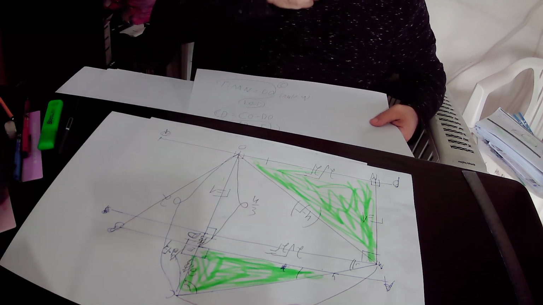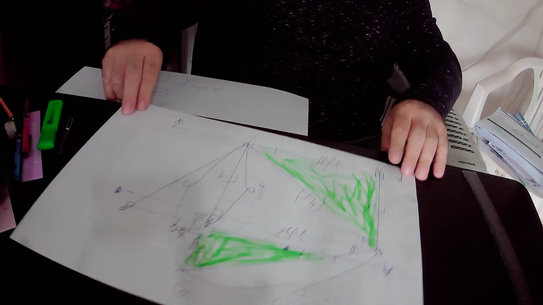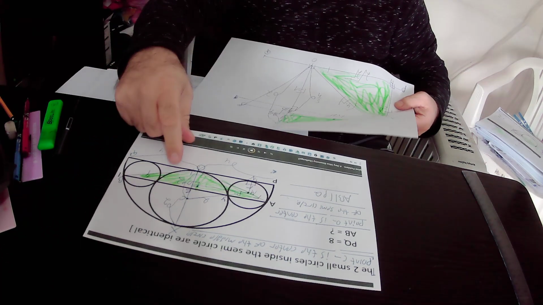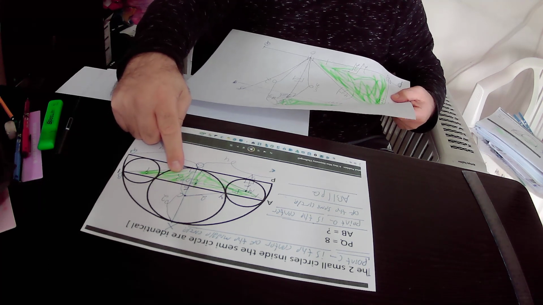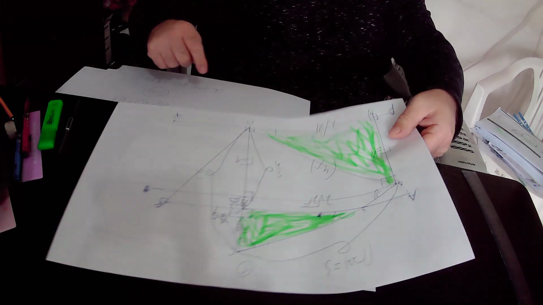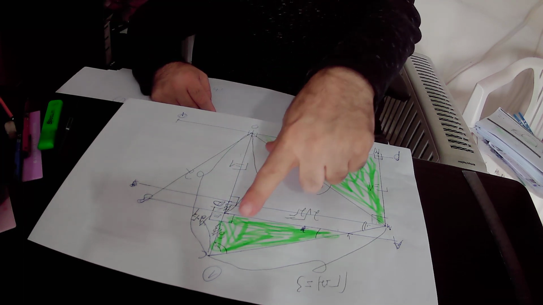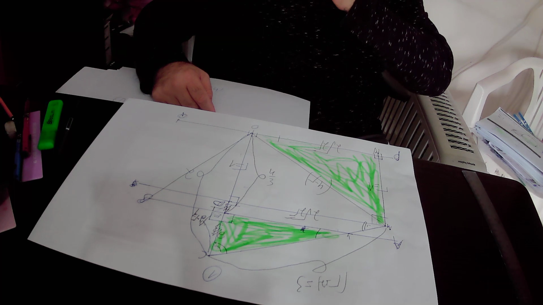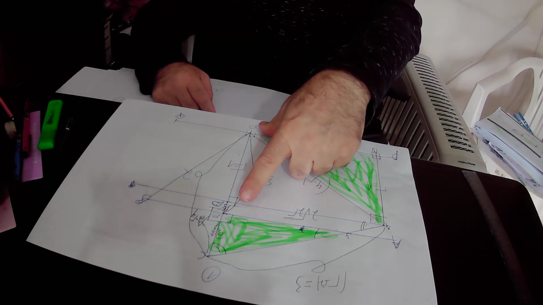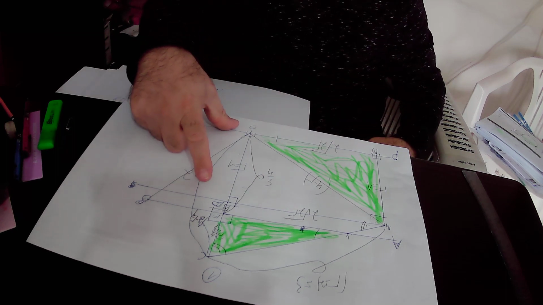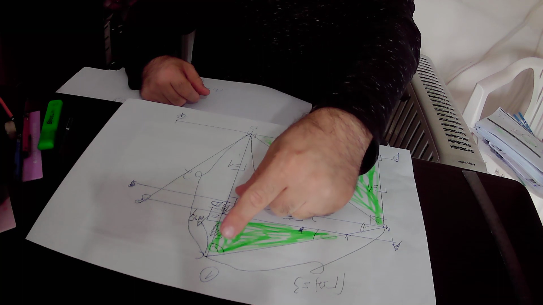CO is the radius of the middle circle, therefore it equals 2 units. CO, as you can see, equals 2 units. And DO equals R. We've already found that DO equals R. What is the size of CD?